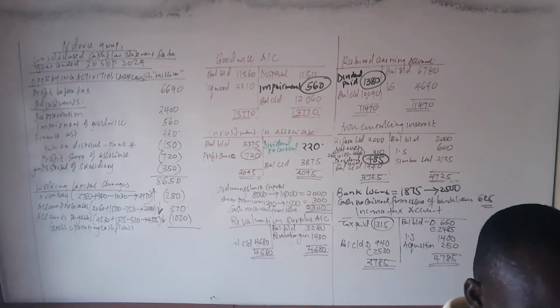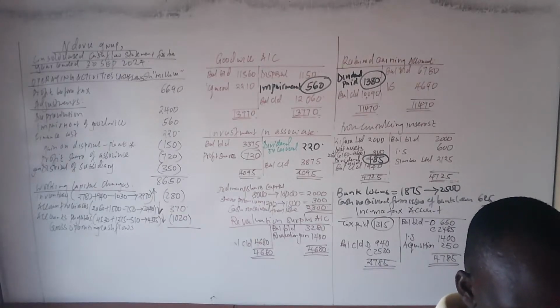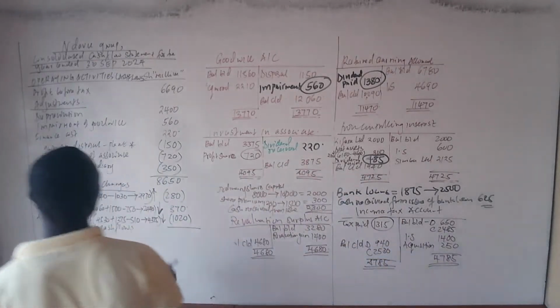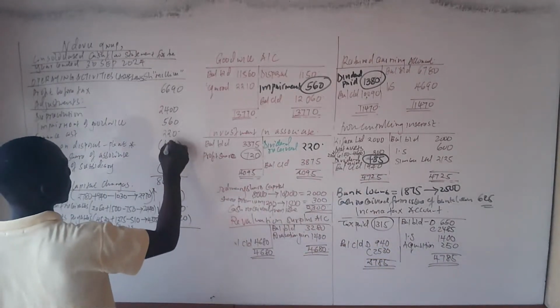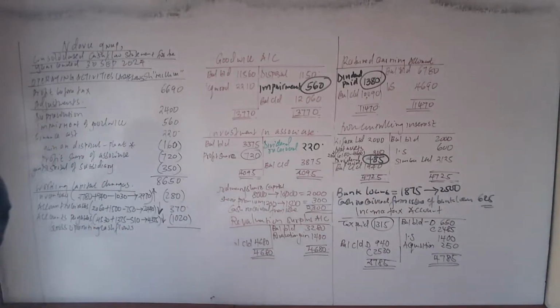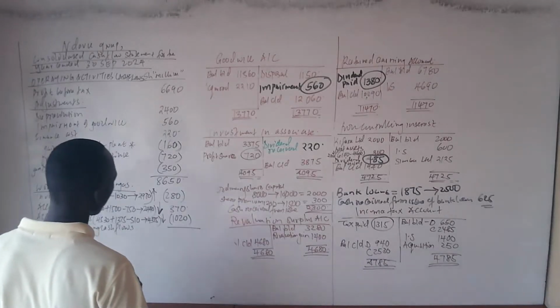Yeah, you gave me a wrong figure. Can you subtract again? 1720 minus 1560, 160. Yes, you gave me a wrong figure. So this is supposed to be 160, not 150. Therefore, it is going to reduce by 10.